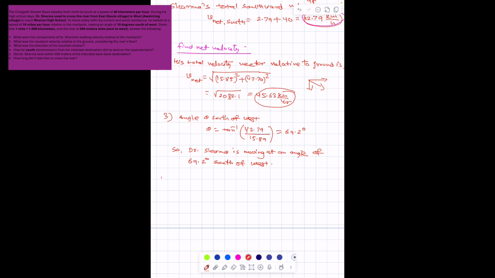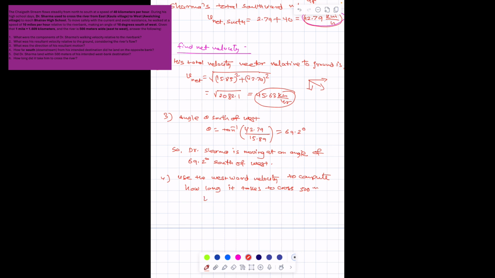Now use the westward velocity to compute how long it takes to cross 500 meters.